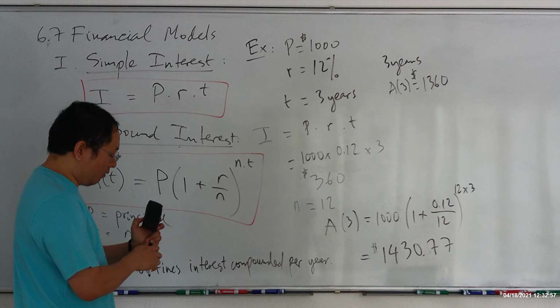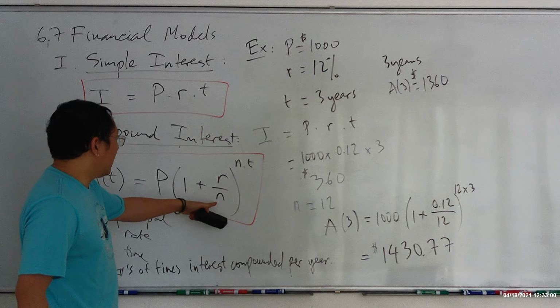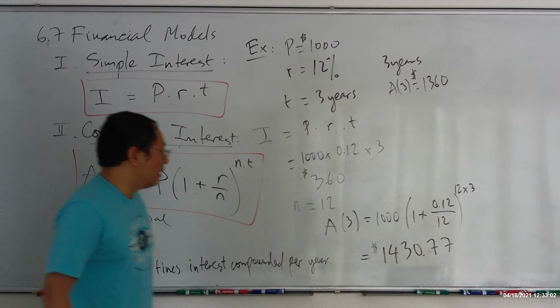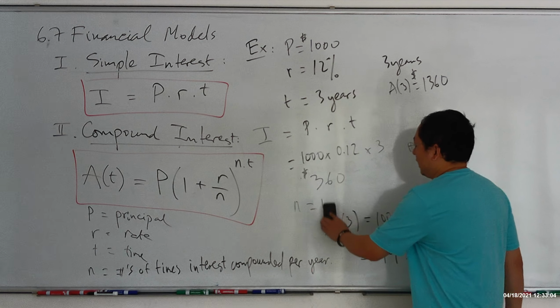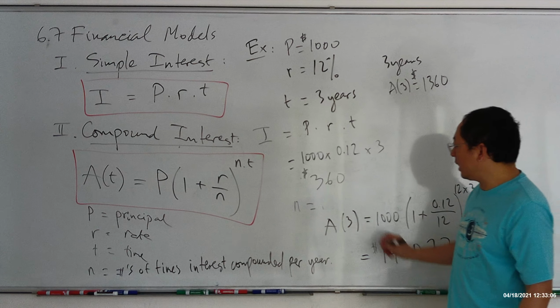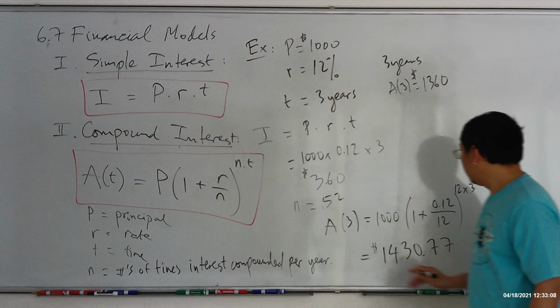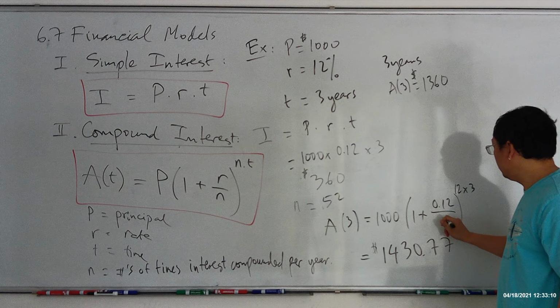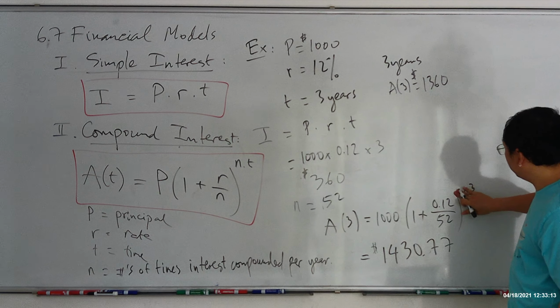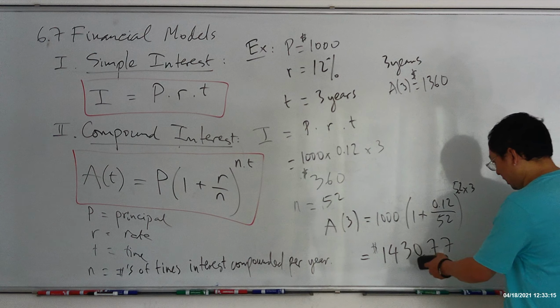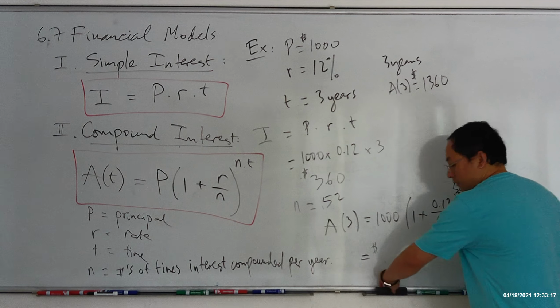And let's check this out. What if I want to compound the interest more often? Instead of waiting till the end of the month, I want to get the interest weekly. N equal to 52. You change the formula right here, and this is 52, and this is 52. And I claim that you're going to have a bigger number. Let's work it out.